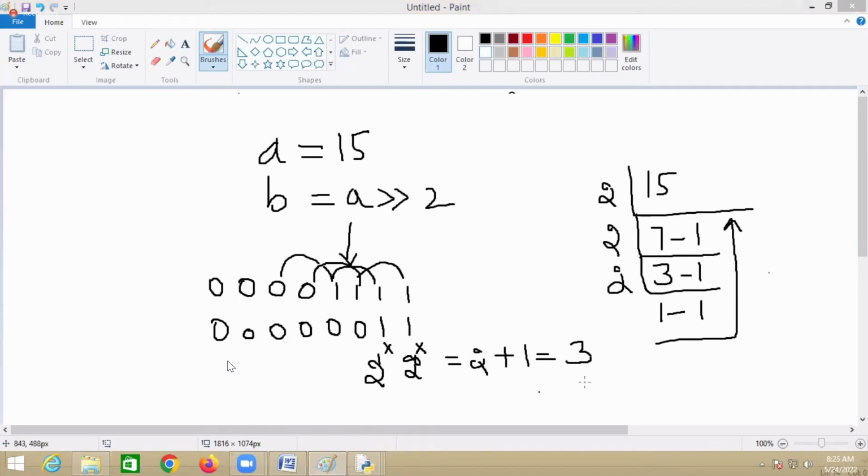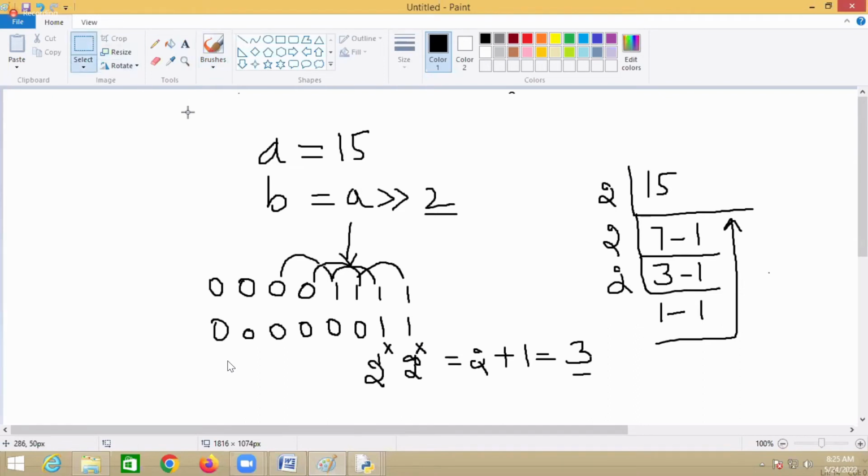Yes, what is the result here? 3. So when I shift the number of bits towards the right side, are the values incremented or decremented? Decremented. Because whenever you shift the integer value towards the right side, the bits get deleted.